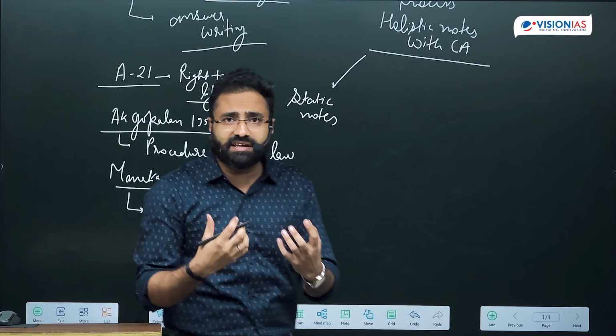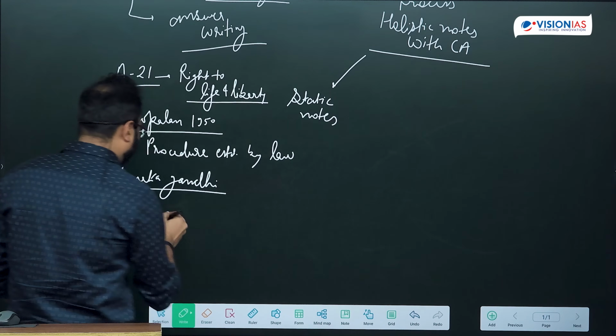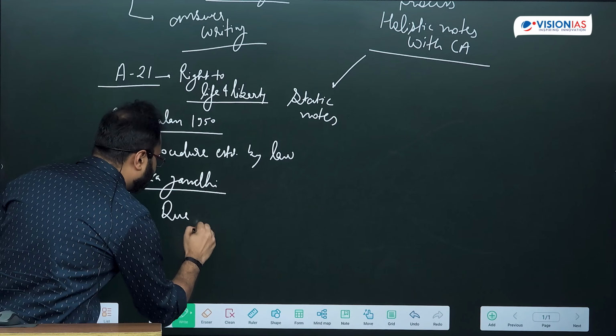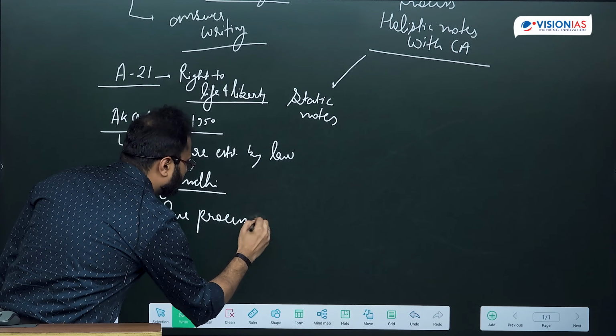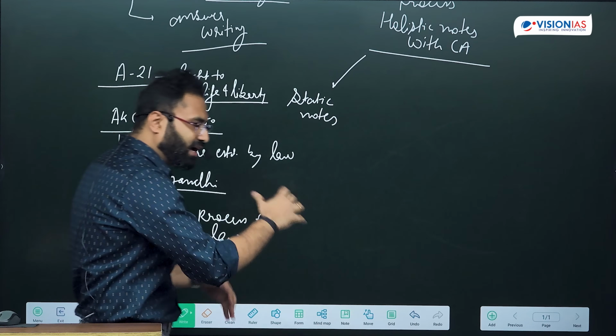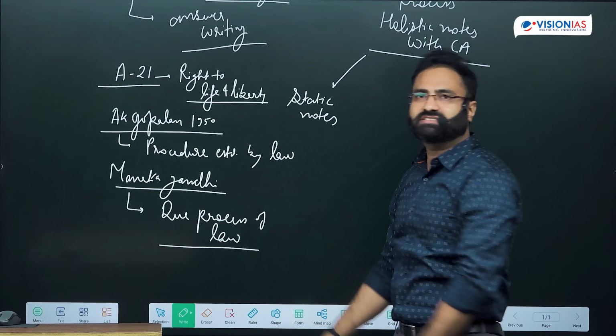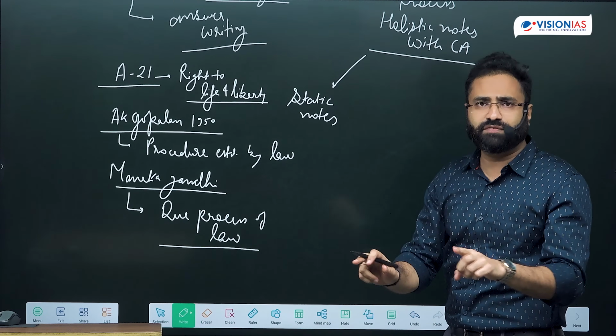You have to also check the intent. And in that case, procedure established by law eventually became the due process of law. Now, when you are preparing your static notes, it might be this much along with a brief explanation in the form of keywords. These things are present in your specific notes.